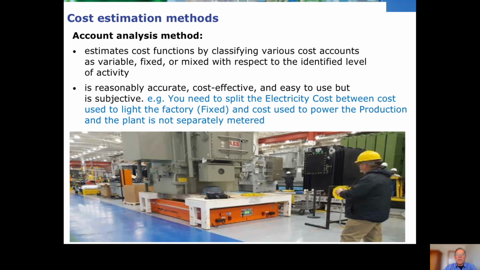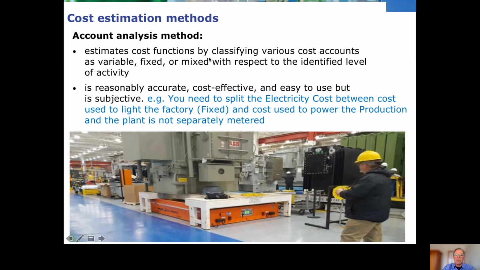Another method is, for example, let's imagine we've got the shop floor here, and we've got this fixed cost component of lighting the floor, and then we've got electricity also powering up some of this machinery. If they're not separately metered, we might be able to look at the specifications of the machine and know that it chews through, I don't know, 800 kilowatts an hour or something like that.